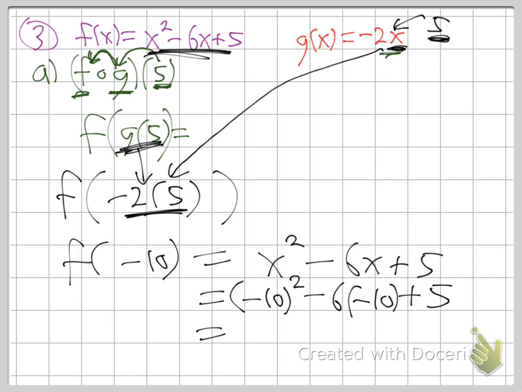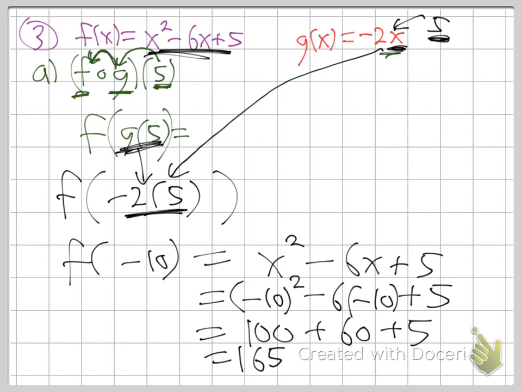Tracking with me? Then that's 100 plus 60 plus 5, 165. We're done. That's the final output having gone through both functions.